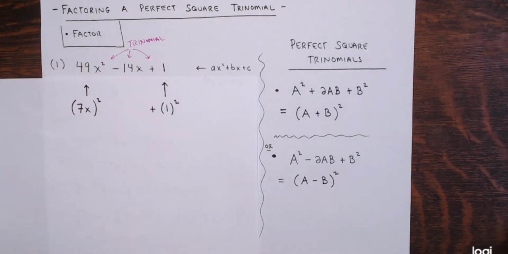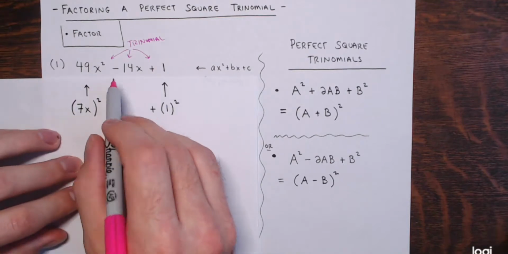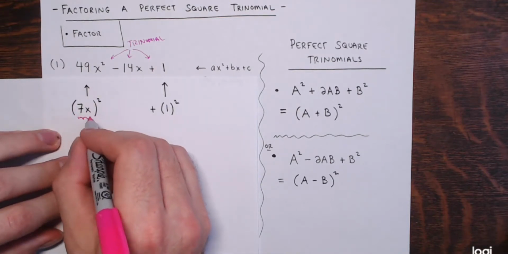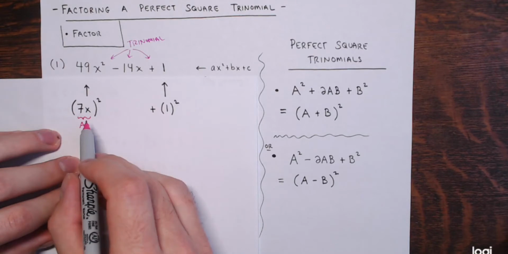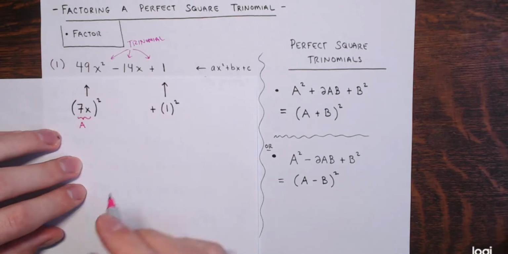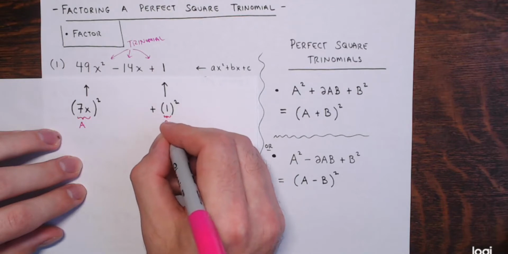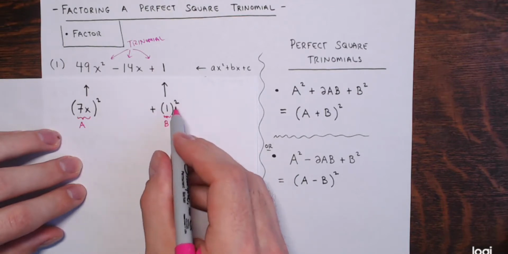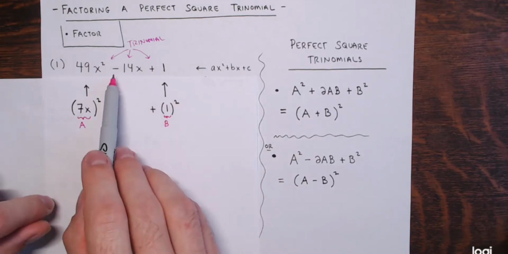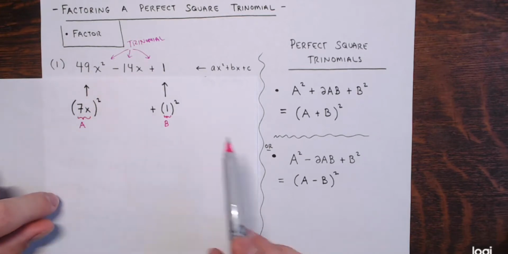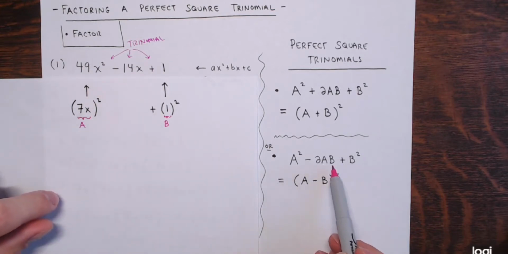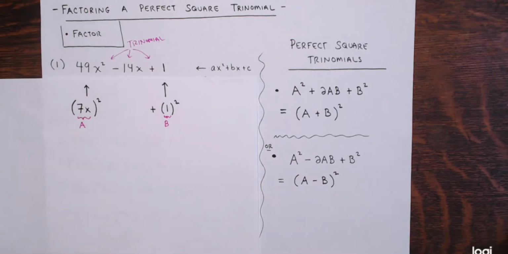Now look at the middle term. If I think of 7x as a, so this is a squared, and think of 1 as b, so this last term is plus b squared. If that middle term is of the form minus 2 times a times b, then I have a perfect square trinomial. Let's see.